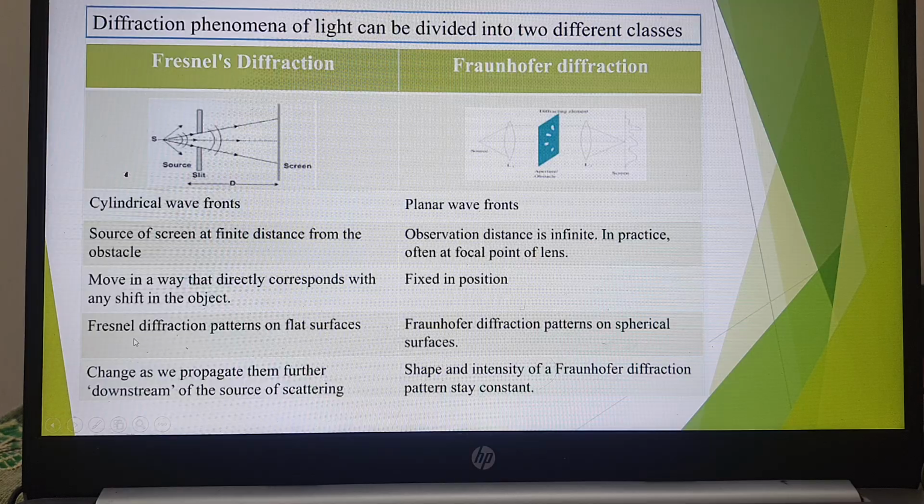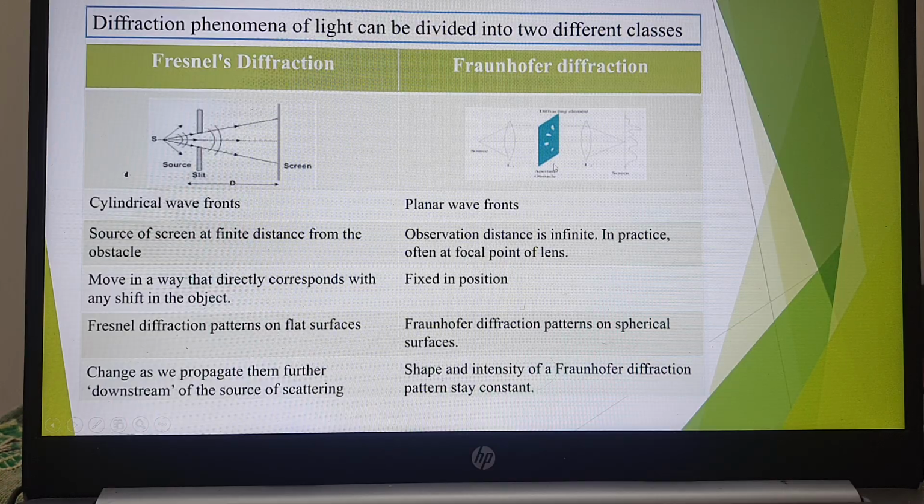Then coming to Fresnel diffraction, it is a pattern of flat surfaces. The surface is flat from the source, passes through the slit, barrier or obstacle to the screen, and changes as we propagate further downstream of the source of scattering.